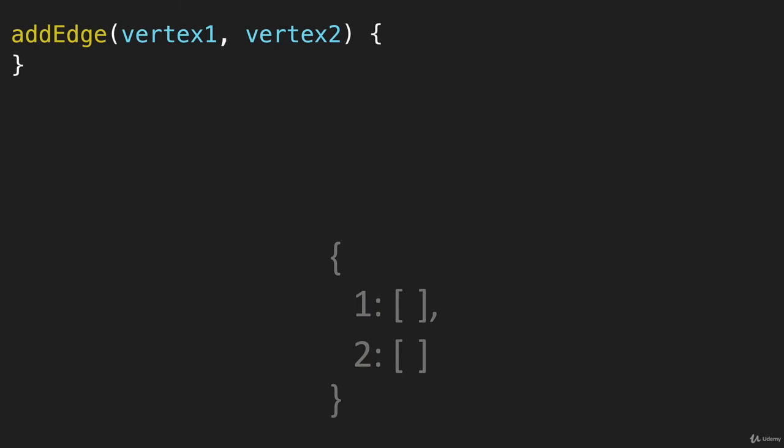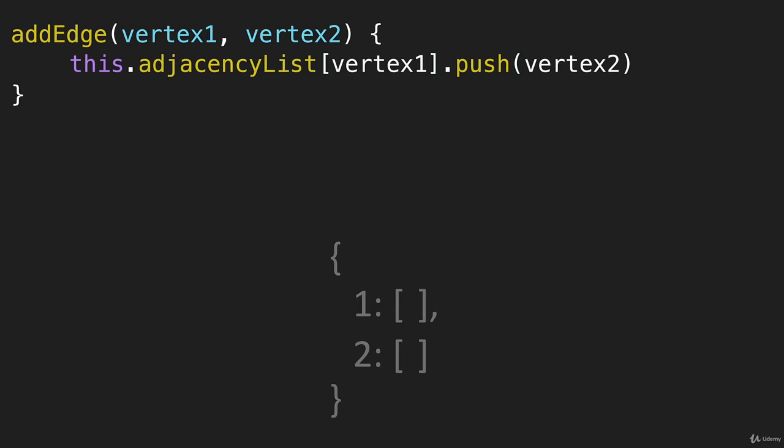So let's remove this edge for now and actually build this with our code. We'll say add edge. We're going to need a vertex 1 and a vertex 2 that we're connecting to each other. And in this case, vertex 1 is going to be the value 1. The key is going to be 1, and vertex 2 is going to have the value of 2 to make things easy.